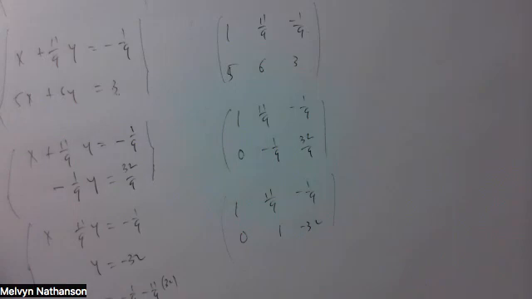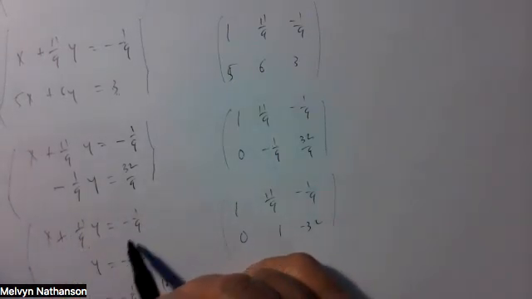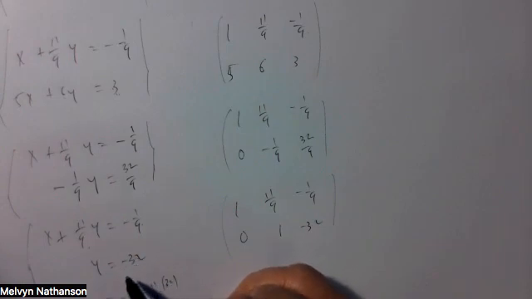Oops. Let's see. I want to make sure I did my arithmetic correctly. x plus 11 over 9 y is minus a ninth. y is minus 32.